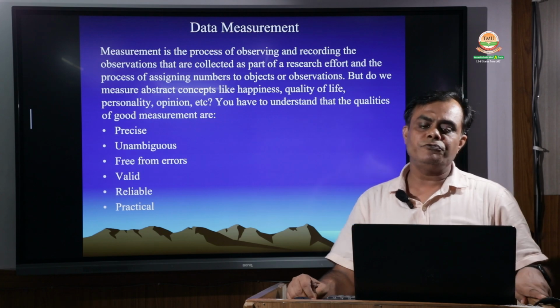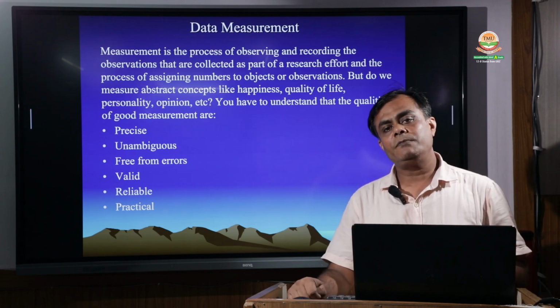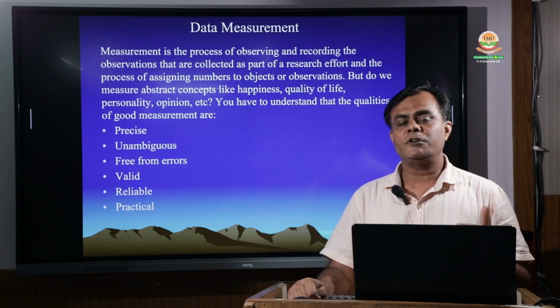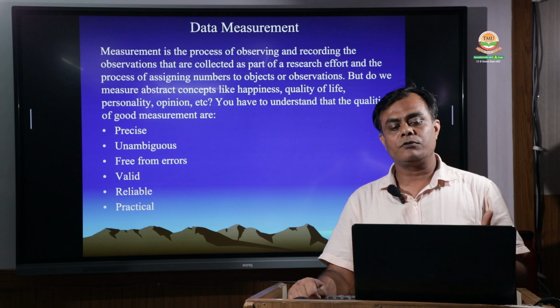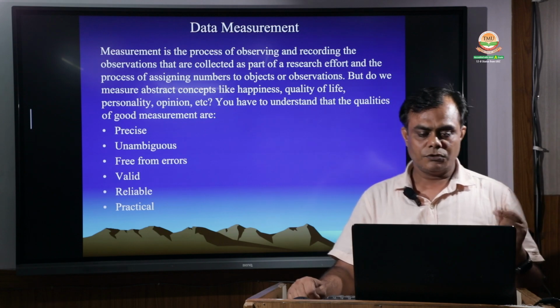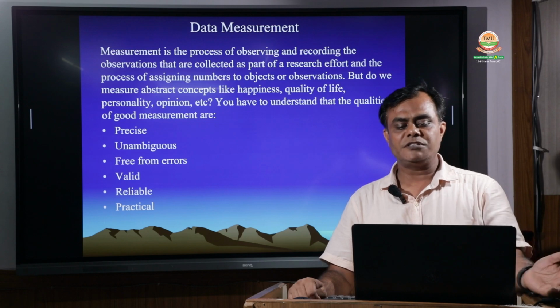So simply, when we are measuring data, the data may be quantitative data or qualitative data. Both types of data we are going to measure in the research. So there are some qualities of measurement.